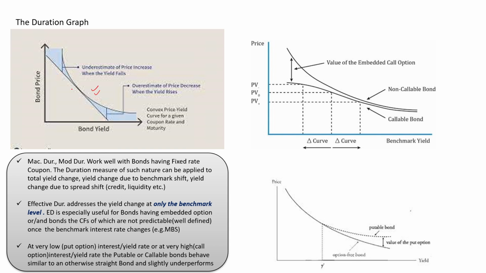If there is a little bit of interest rate decrease, the value of the fixed income security will go up, and if there is a little bit of interest rate increase, the security value will proportionately come down. We all are aware of it. That's how the duration measure works.